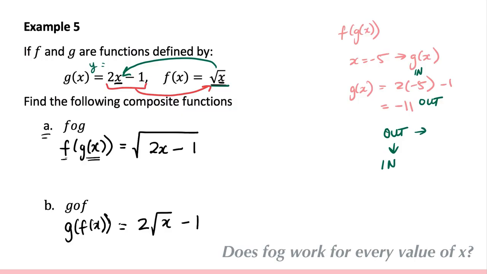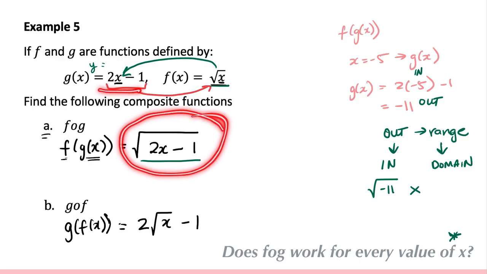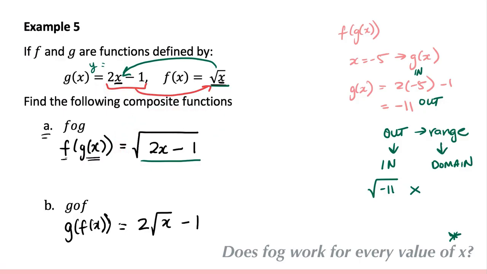And we know that y is the range. So the y value, our output, the range, becomes the domain of the new function. And we know that we cannot have a domain that is a negative value, because we cannot take the square root of -11. So that leaves us with a little bit of an issue. The fact that this function is actually not defined for every value of x, even though the inside is defined for every value of x because it's linear, this whole function will not be. And we're going to talk about that very soon.